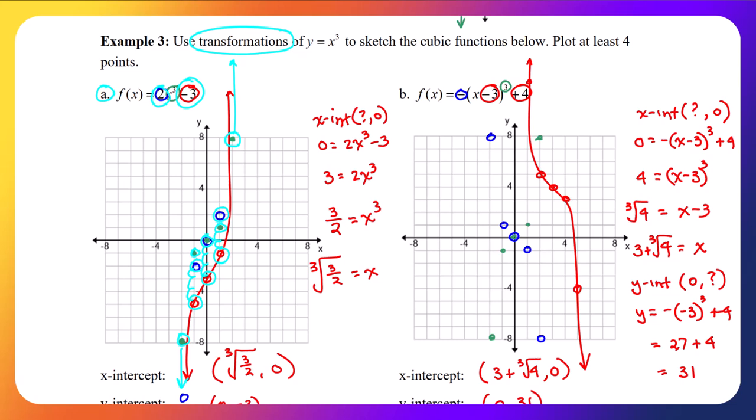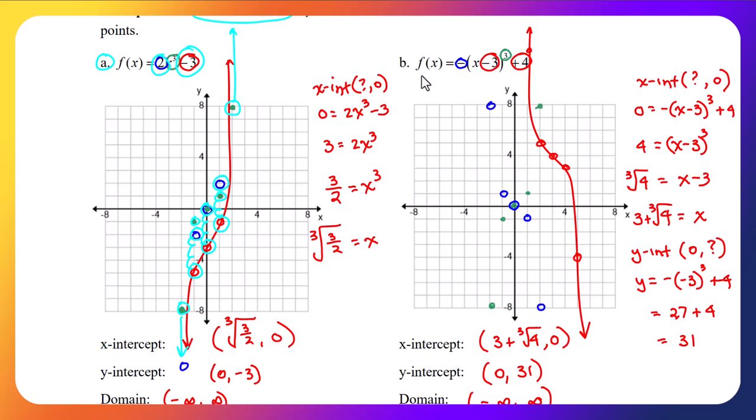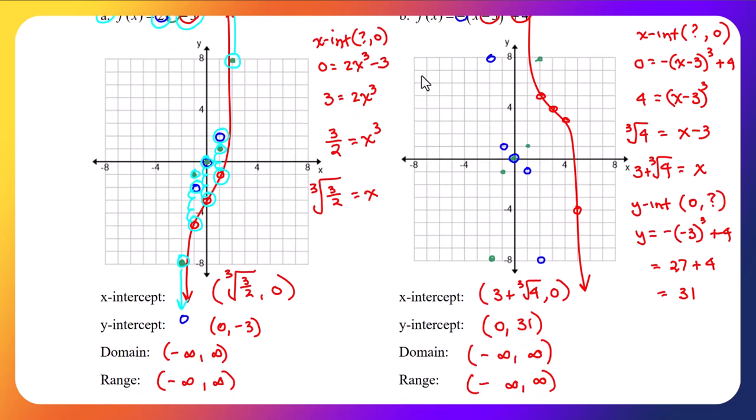They want us below to find the x-intercept, y-intercept, domain and range. Well, left and right goes forever, up and down goes forever. That's true for all cubic functions. To find the x-intercept, I want to find the x when y is 0.